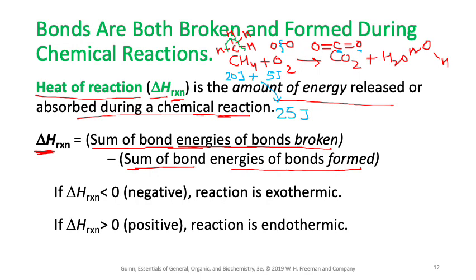Let's assume that when you make these two bonds between carbon and oxygen, you release 20 joules of energy into the atmosphere. And to make two bonds between oxygen and hydrogen in water, let's assume you release 3 joules of energy to the environment.